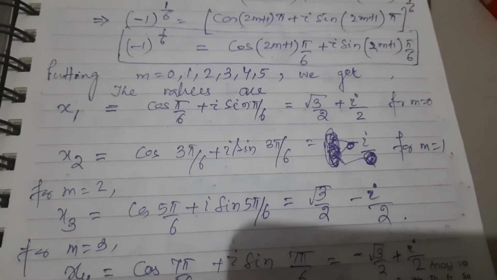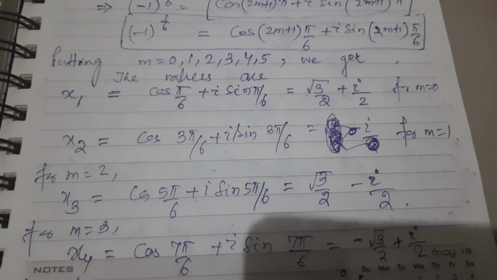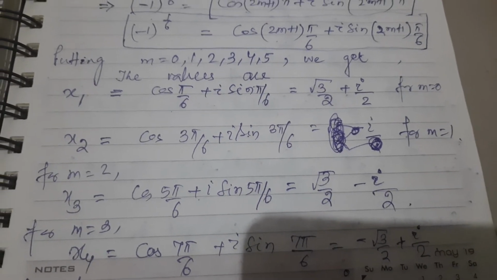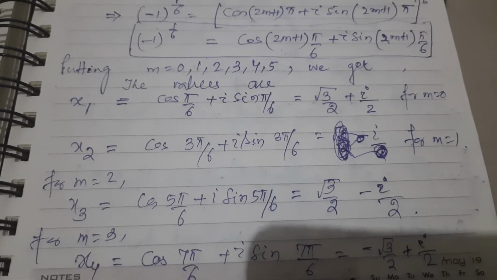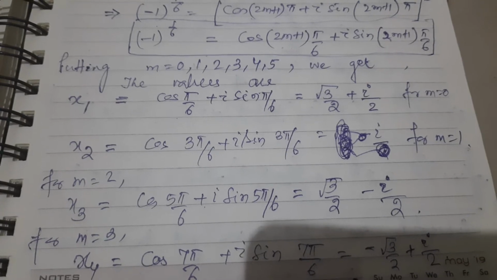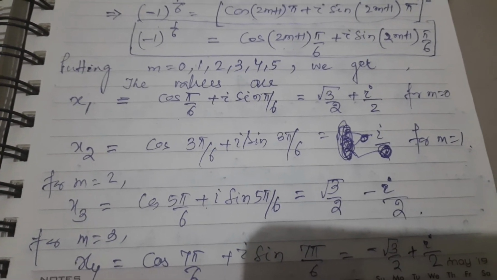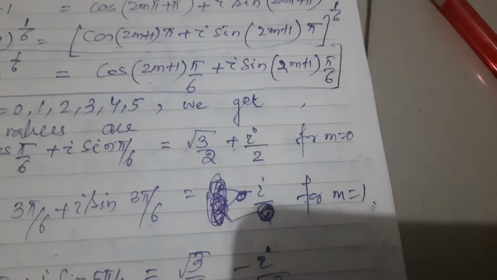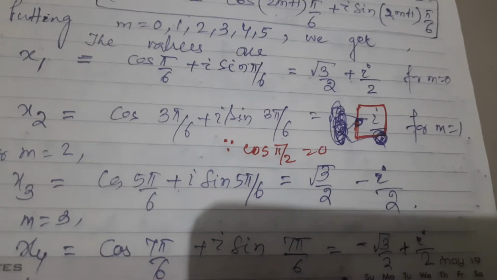And this value is 3 pi by 6, that is cos pi by 2 plus iota sin pi by 2. Cos pi by 2 is equal to 0, so we have only one value, that is iota, for m is equal to 1.